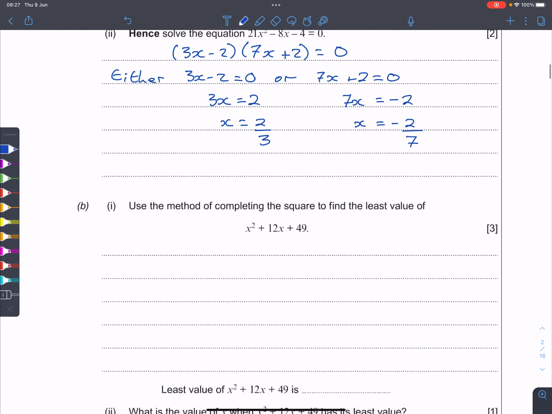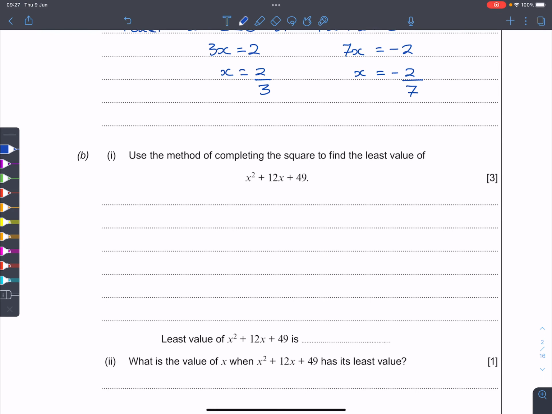Okay. B. Use the method of completing the square to find the least value of this. So, when I'm completing the square, I look at the first 2 terms, and I'm going to create a bracket using half of that coefficient. So x plus 6 all squared.